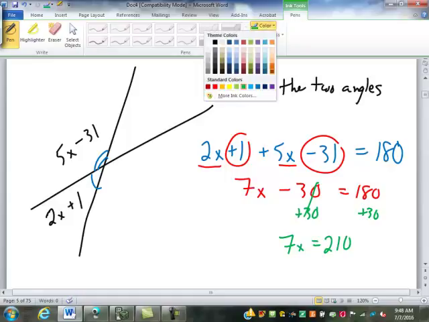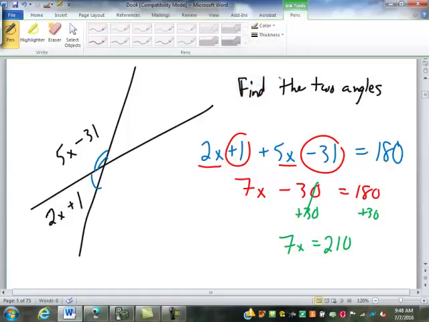And then divide by 7 to get x equals 30. All done? No. We have to find the angles yet.